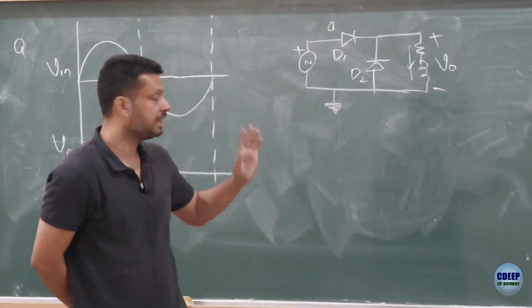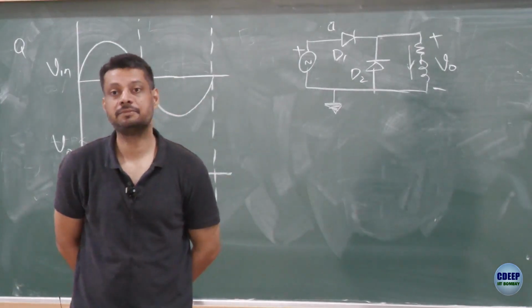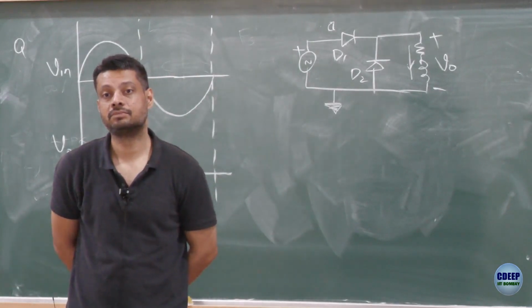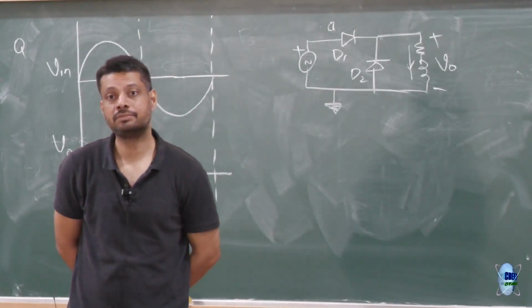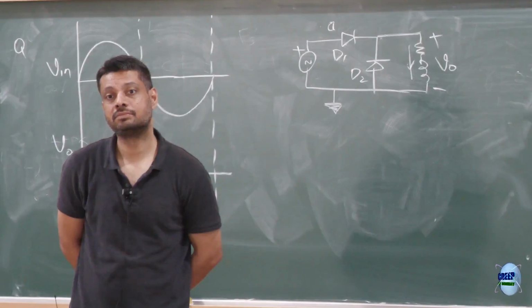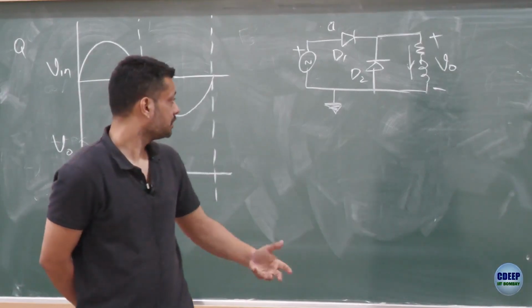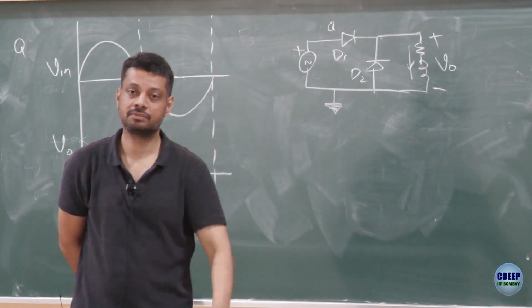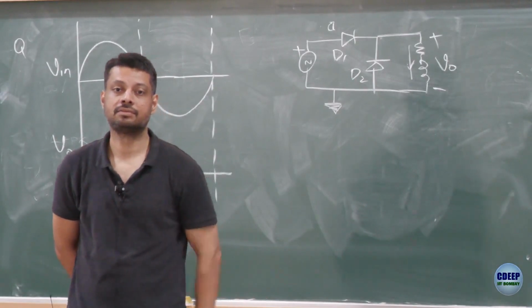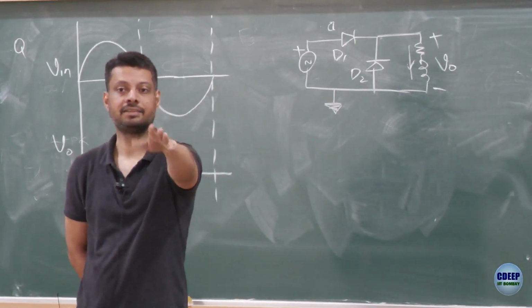Okay, assume D2 is conducting. But why should D1 conduct? Why not D2 keep conducting? Next person.